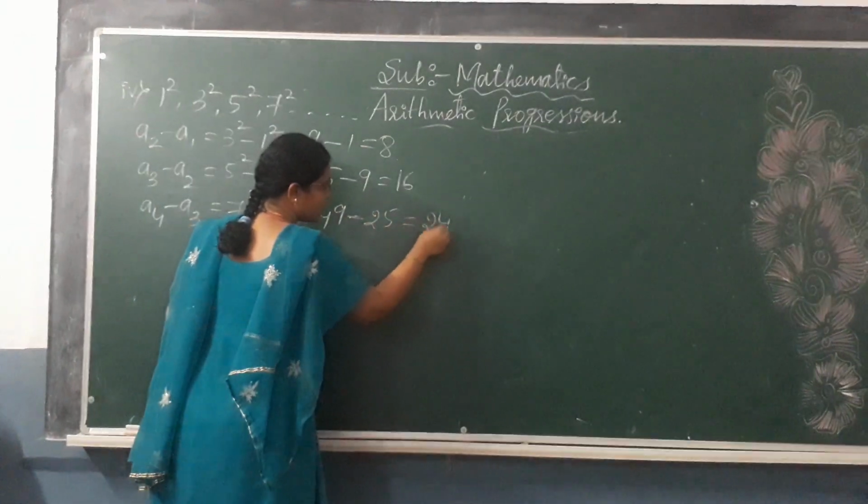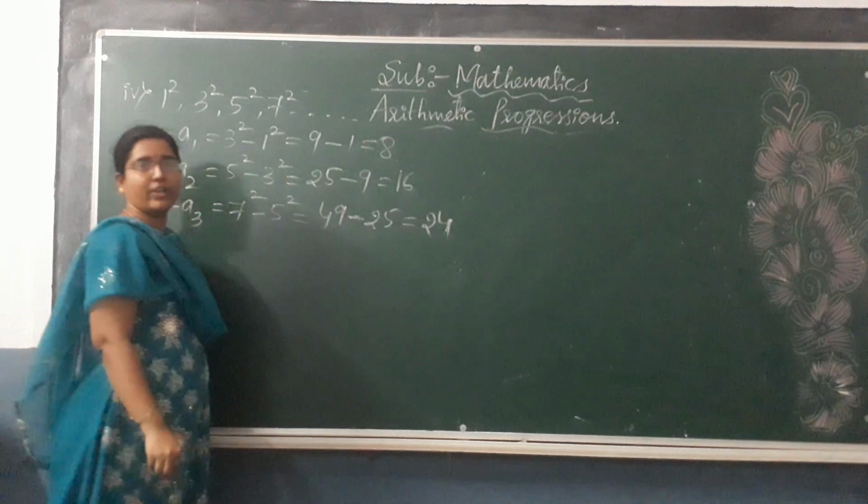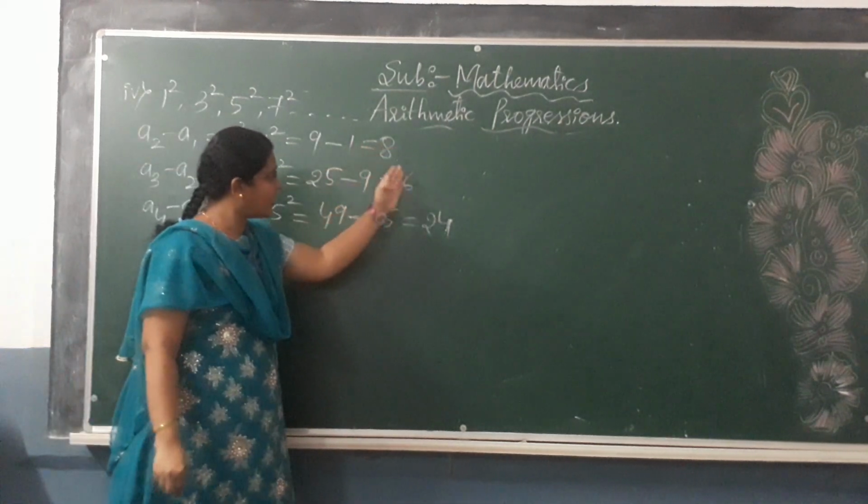The fourth term is 7 square minus the third term, 5 square. 7 square value is 49 minus 5 square value is 25. Subtract it. 49 minus 25 is 24.